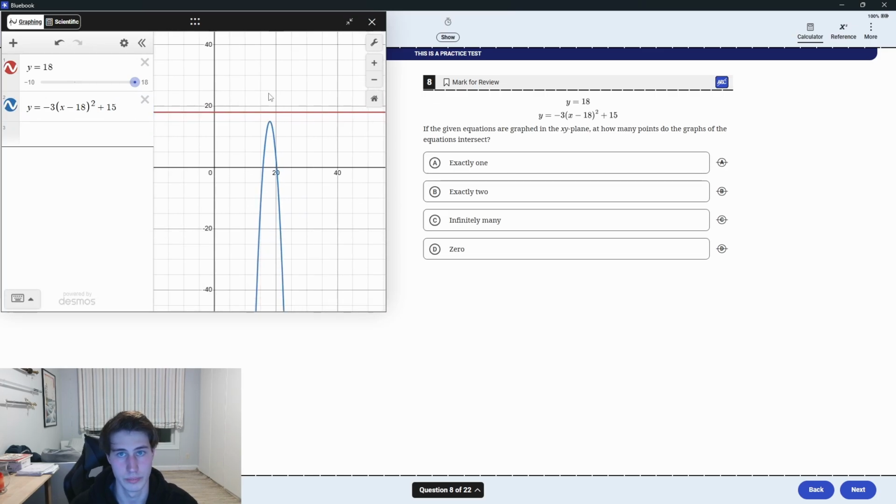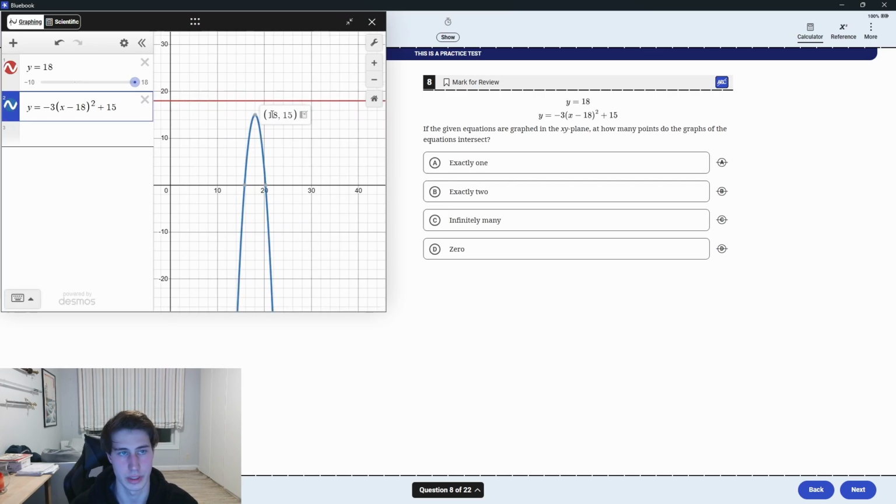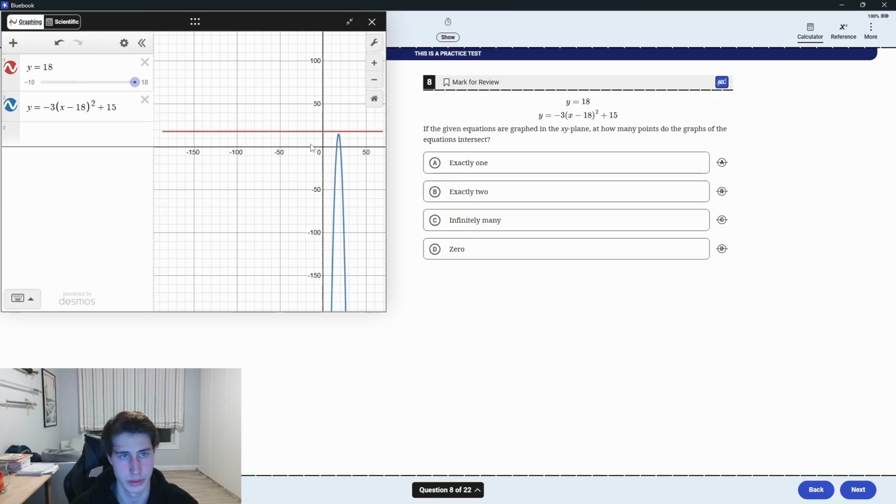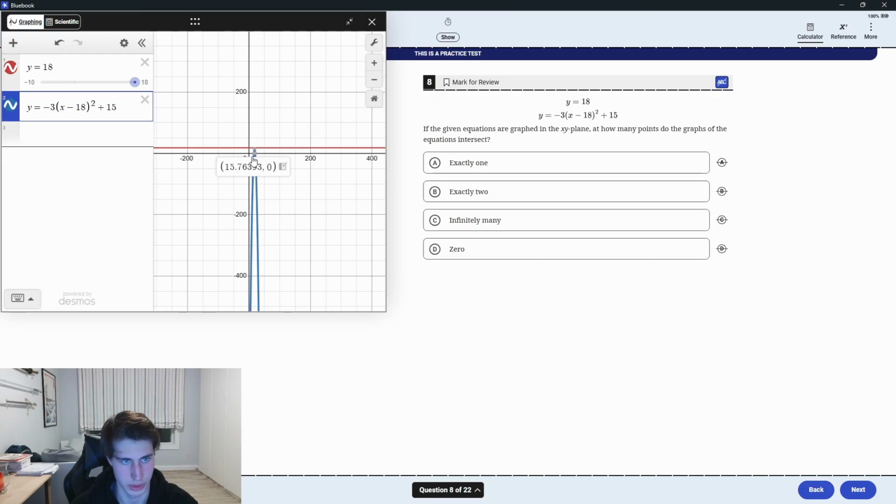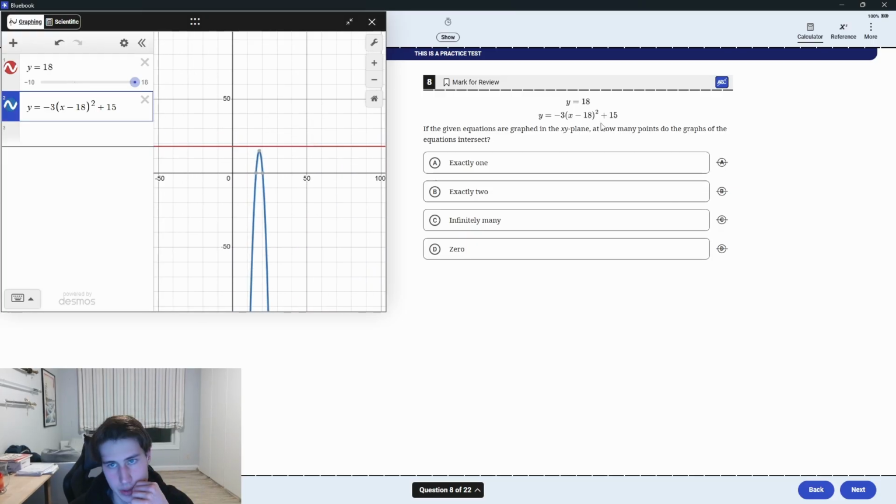So these actually never intersect, because these points just never touch. You can also find this by reasoning. So y is equal to 18. That means that the first line is just a straight across line at 18 on the xy plane. And then the second equation is a parabola.